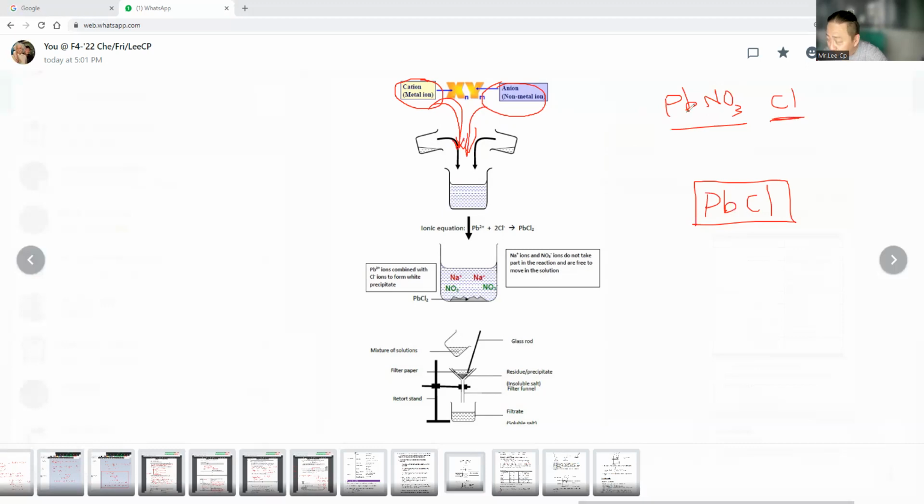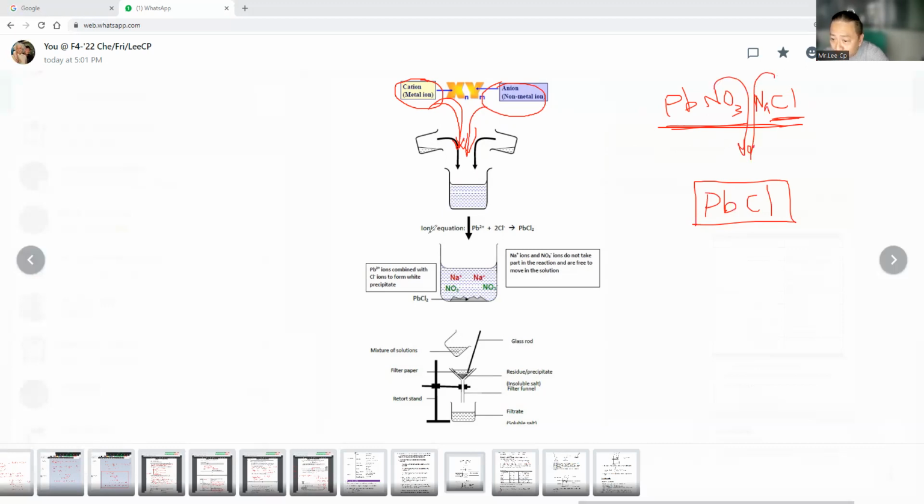So you mix them, and you cannot have an insoluble salt here first. So all of these must be soluble first: all nitrates and all chlorides are soluble. So for example, we take NaCl solution and mix them.